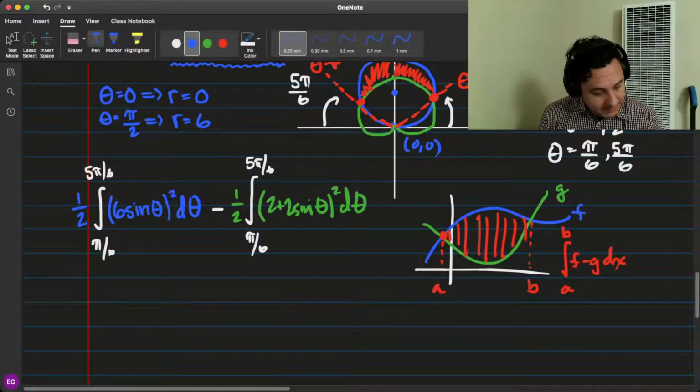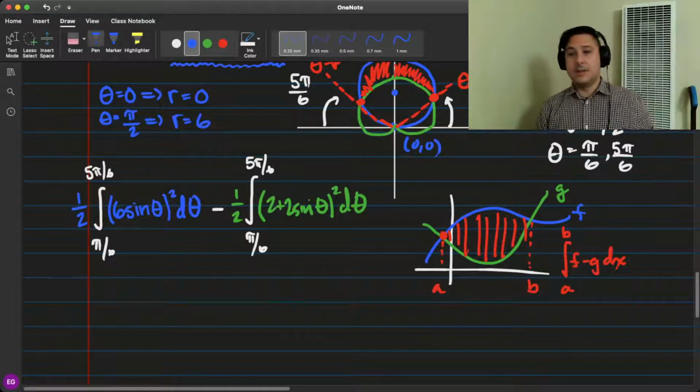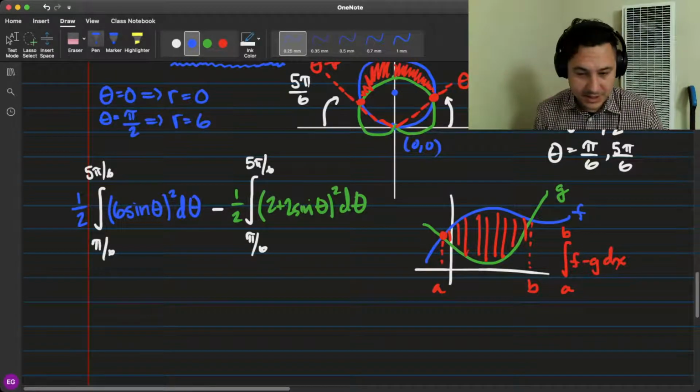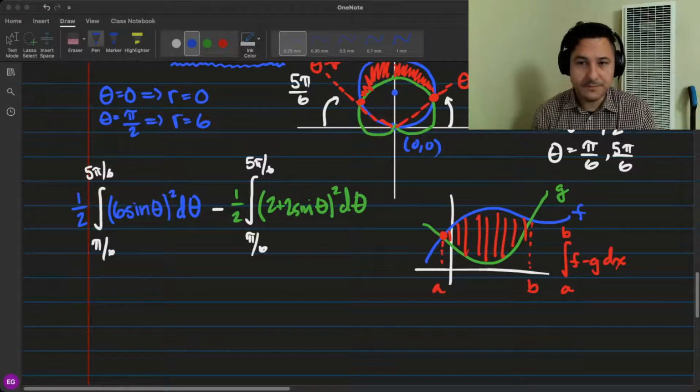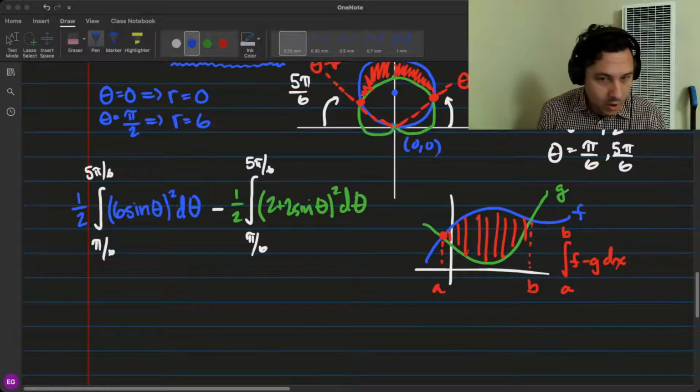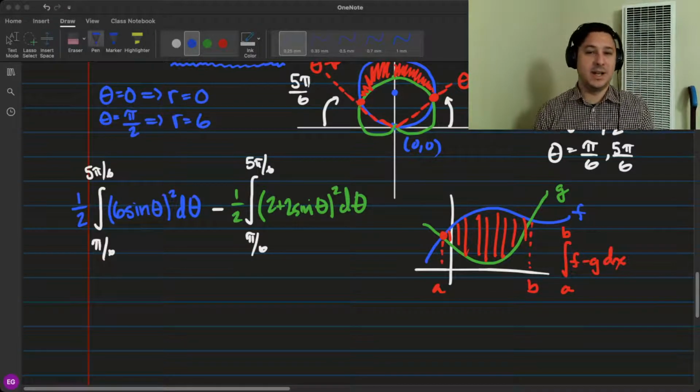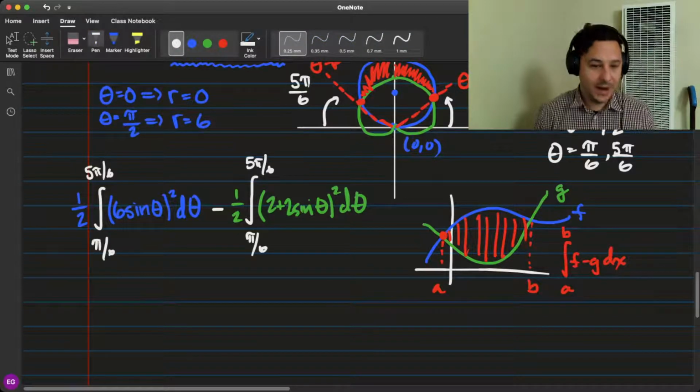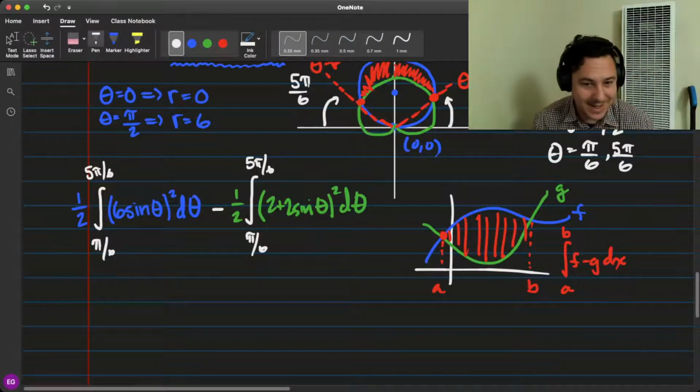Oh man, this is going to be a lot of work. I'm not looking forward to integrating this, but let's do it. Let's first square and see what we get.